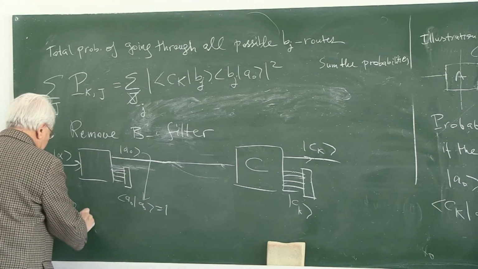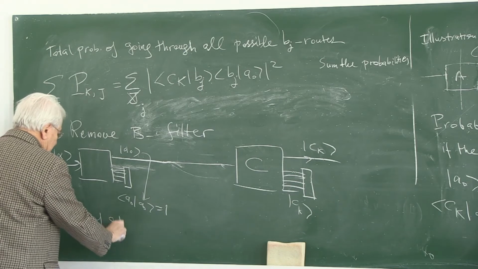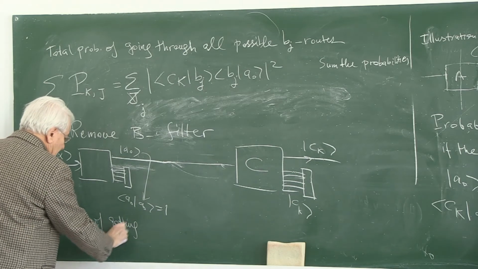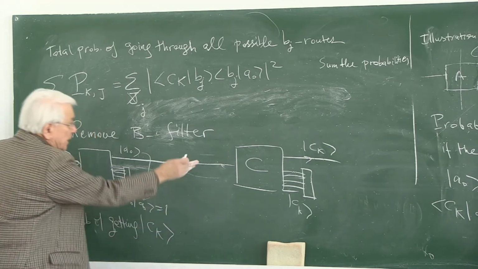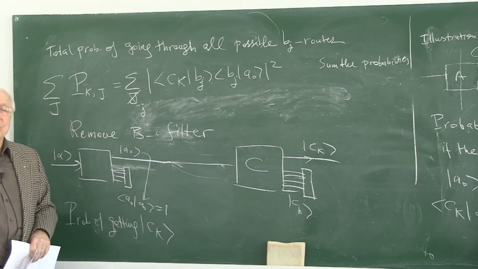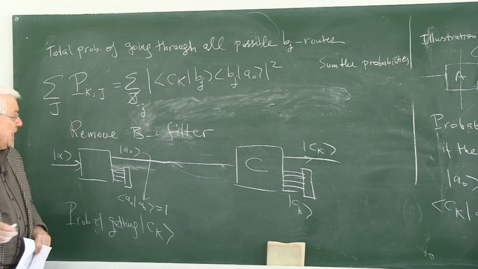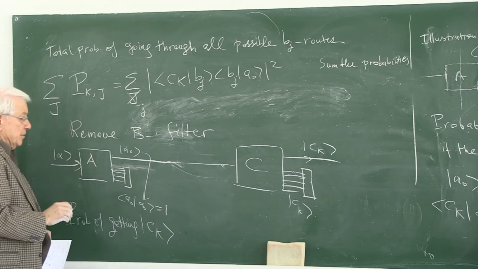Probability of getting CK in the same setting, that is, if the initial beam leaving the A analyzer is normalized to unity.